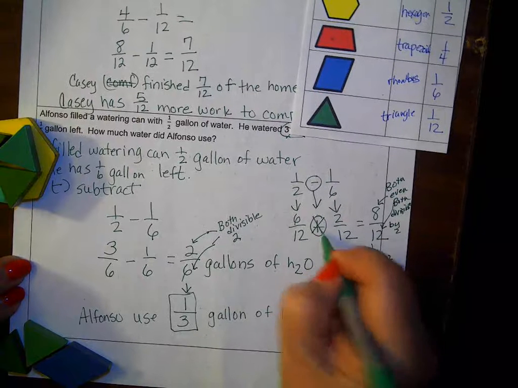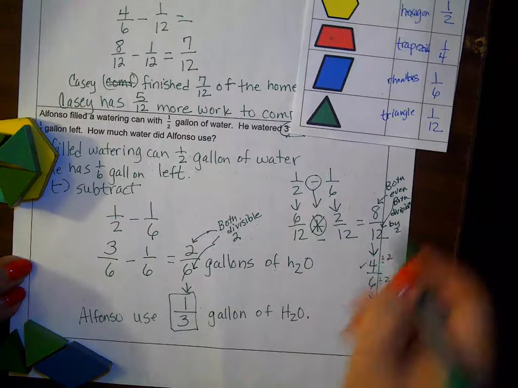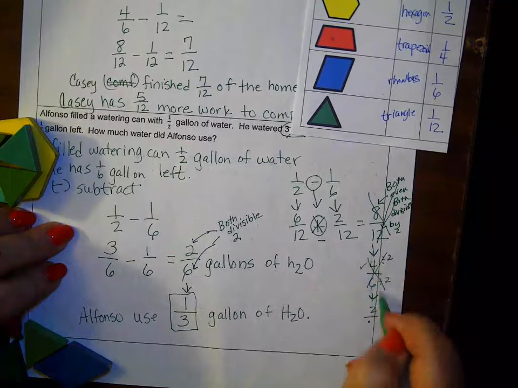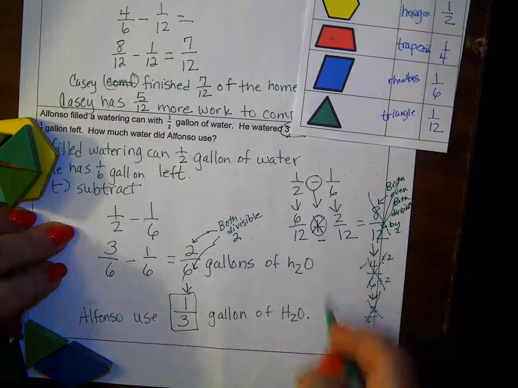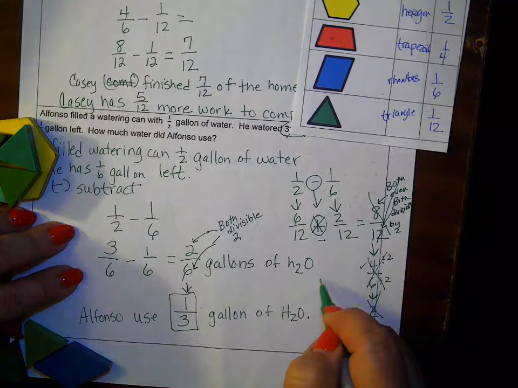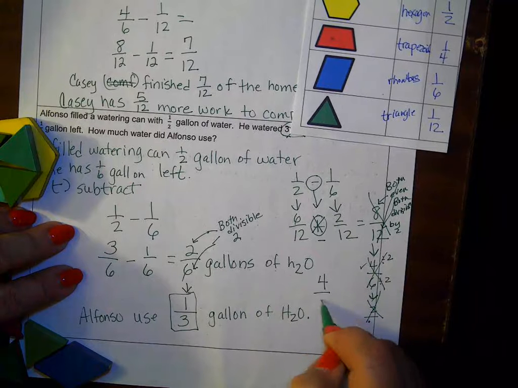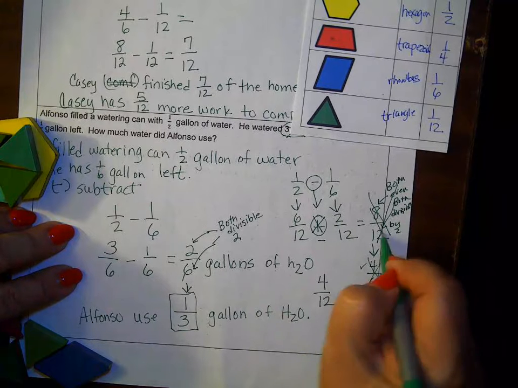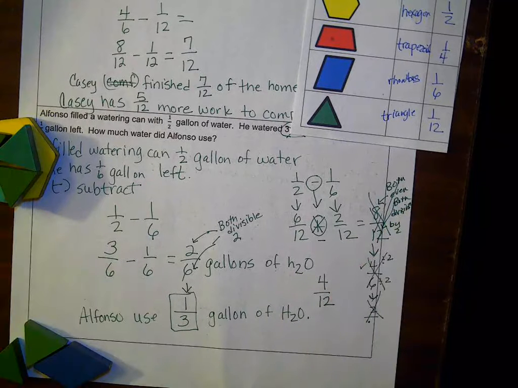So it's not going to be addition, it's subtraction. So here, I'm going to just kind of cross this out and cross this out and cross this out. So 6 minus 2 equals 4/12. Okay, and this is where it would be. Let me go ahead and get a separate sheet of paper and write that to the side.